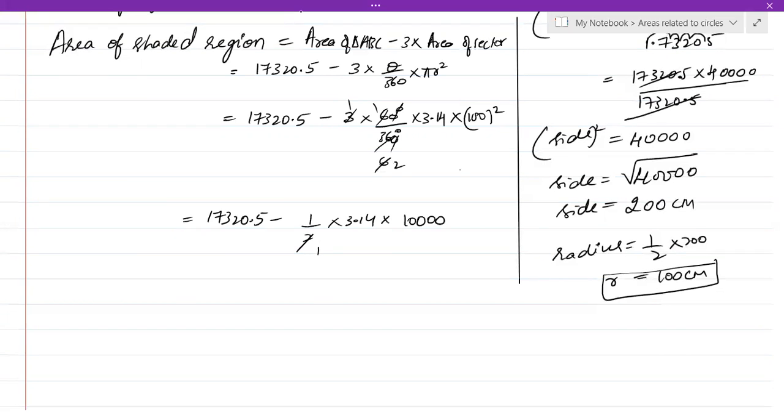We can cancel: 2 ones are 2, giving 1.57. So it becomes 17320.5 minus 1.57 into 10,000, which is 15700. On subtracting this, we get 1620.5.